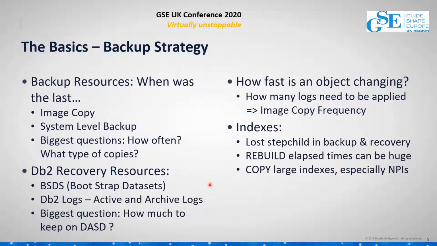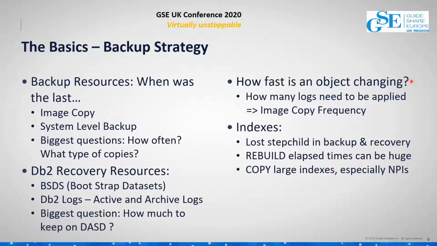In terms of the backup strategy, the key for a simplified recovery is really to have a good backup policy. You would need to understand, when was the last image copy taken, or do we constantly take system level backups? What's the right frequency to run these copies? What plays into this is how fast is an object actually changing?